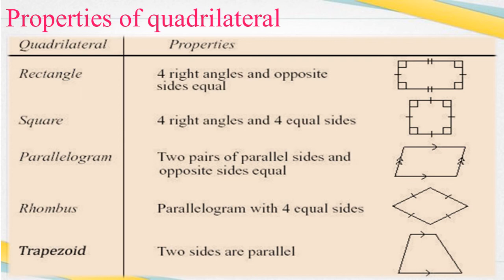Parallelogram: two pairs of parallel sides and opposite sides equal. The arrow mark is given. Look at this picture. Then rhombus: parallelogram with four equal sides. Trapezoid: two sides are parallel.